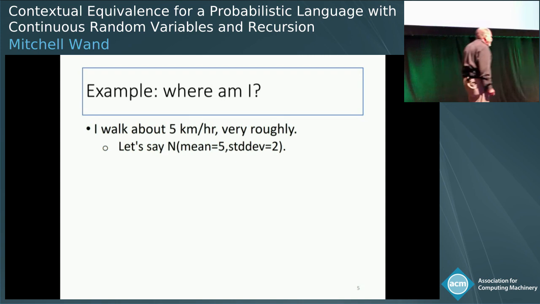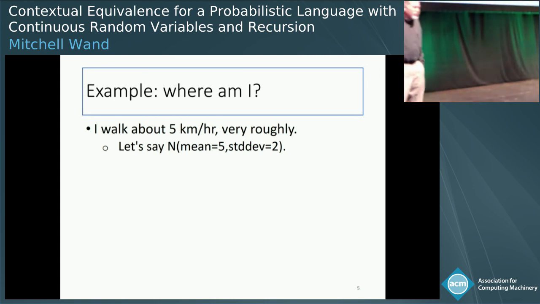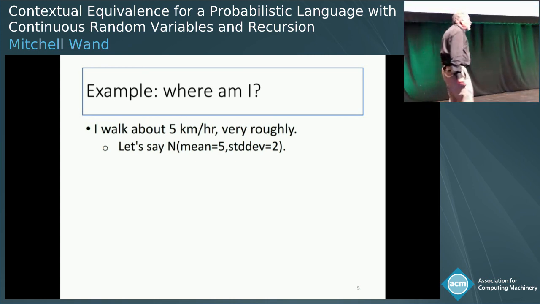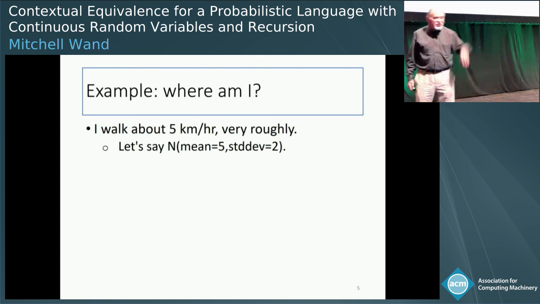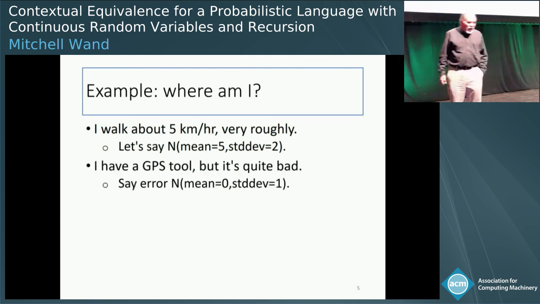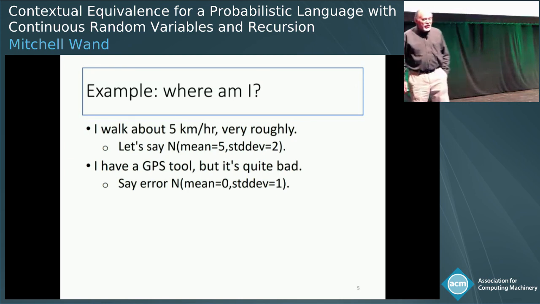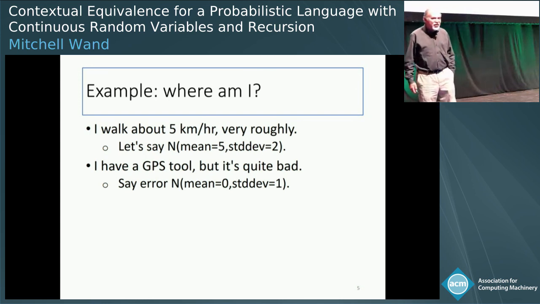So let's imagine that I am walking in the desert, and I know that I walk at about 5 kilometers per hour, and my actual walking speed is described by a normal distribution centered on 5 with a standard deviation of 2 kilometers. I also have a GPS tool, but it's not very good. It gives an unbiased result, but the standard deviation is 1.